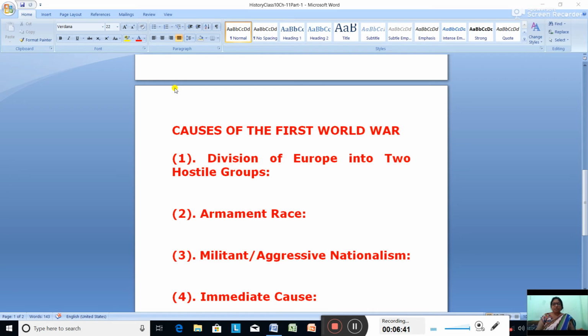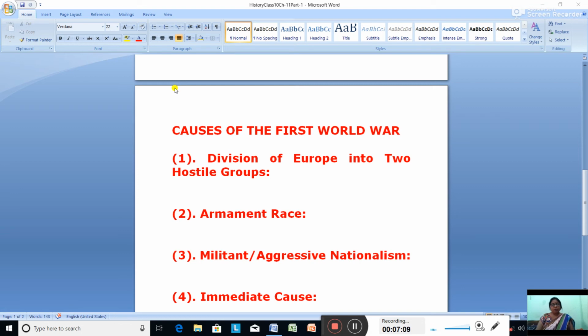In the 19th century it was an era of extreme nationalism. Aggressive nationalism meant love for one's own country and hatred for other countries. So each nation thought about its national interest alone. The spirit of nationalism was a strong driving force in European politics.